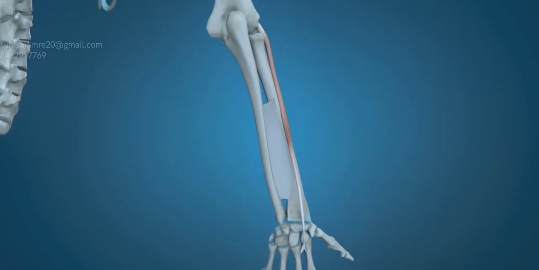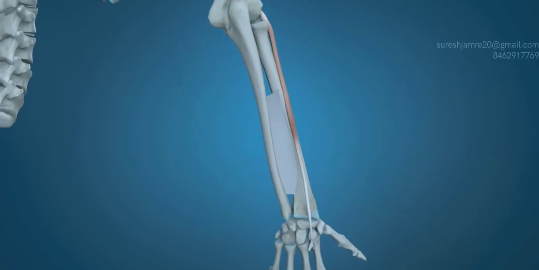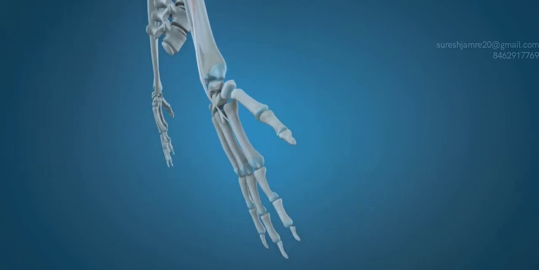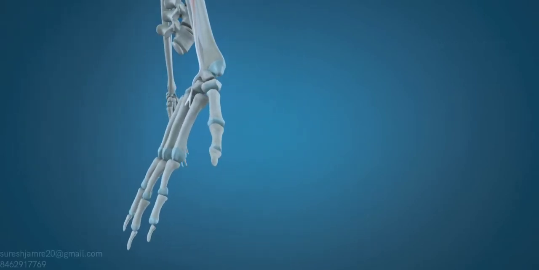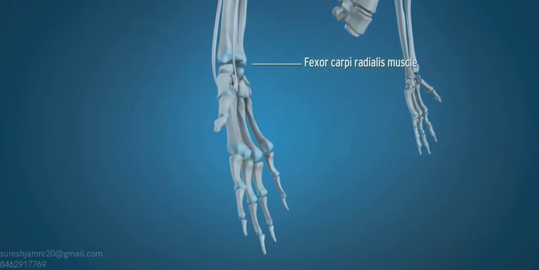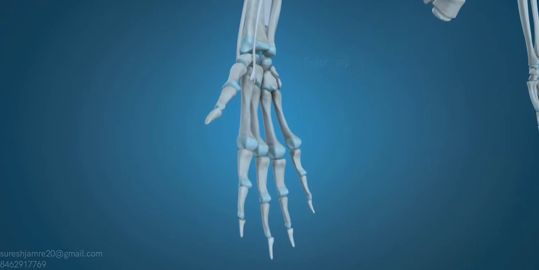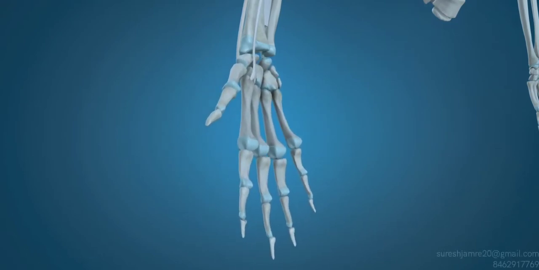Innervation: deep branch of the radial nerve, that is the posterior interosseous nerve, before penetrating the supinator muscle. Action: extension of the wrist joint. Along with the flexor carpi radialis muscle, it produces abduction of the wrist.